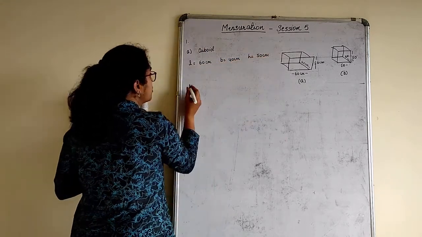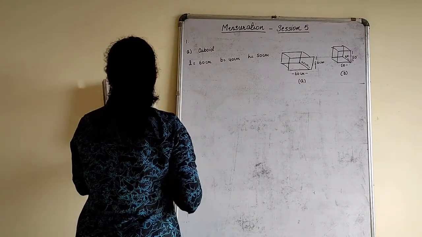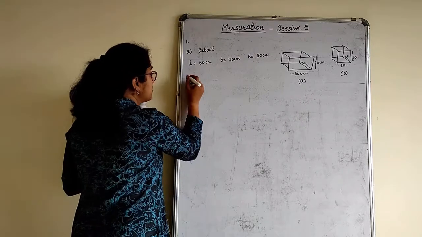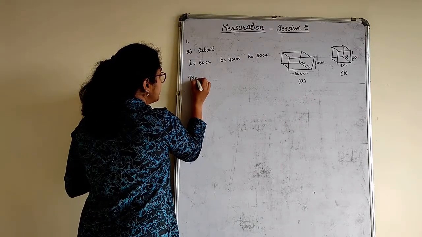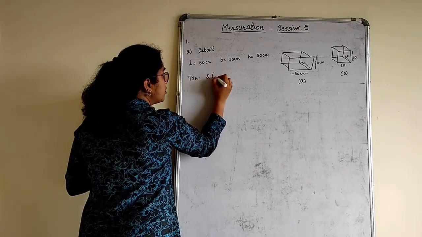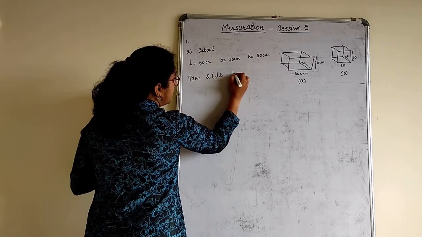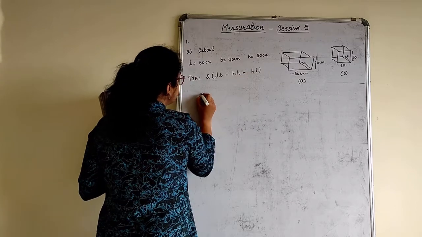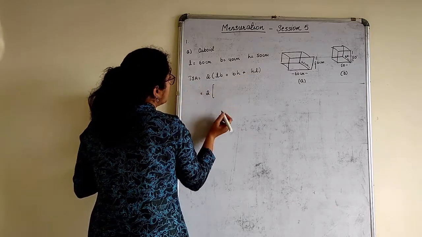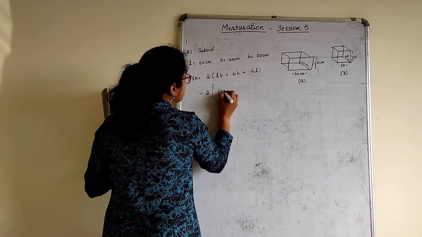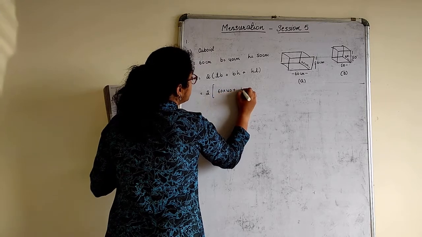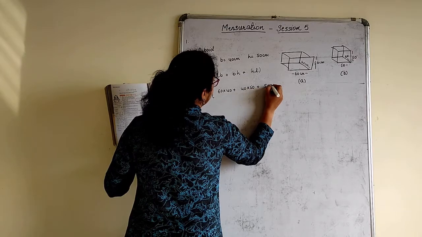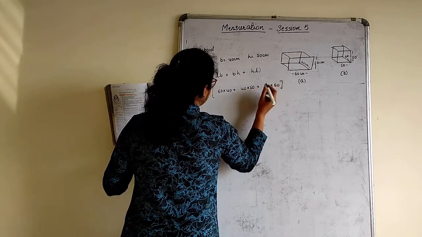Units are very important. Which box requires a lesser amount of material to make? Total surface area directly. TSA is equal to 2 times of length into breadth plus breadth into height plus height into length. Substitute: 2 into 60 into 40 plus 40 into 50 plus 50 into 60.